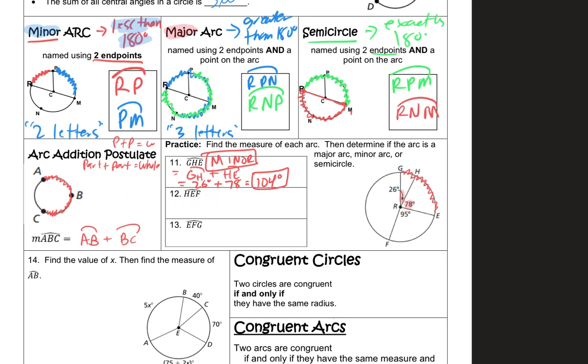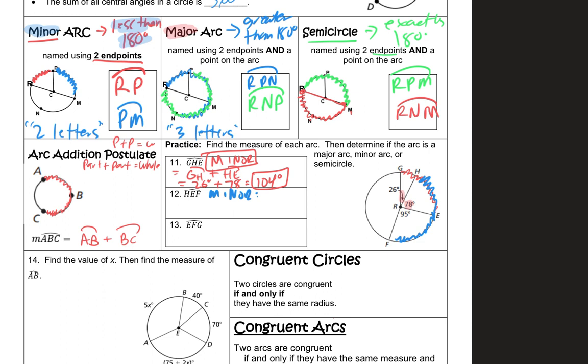So let's look at HEF. Let's go ahead and trace that one out. HEF. Let's use a different color. If we look at it, that's not a diameter. It doesn't go from one side directly through the center to the other side. So that one's going to be a minor one as well.